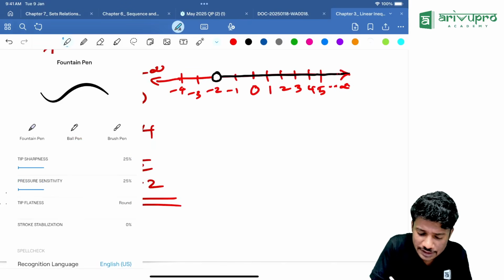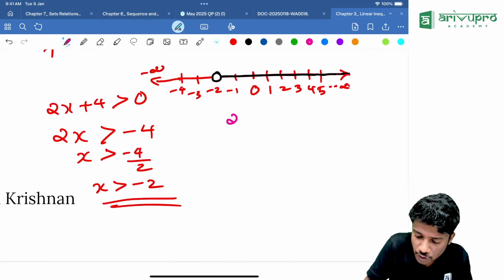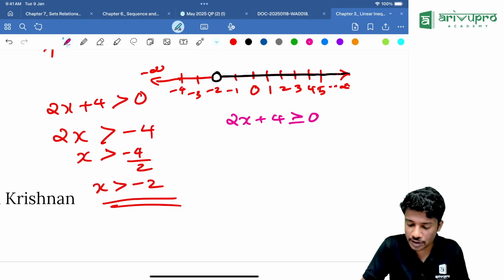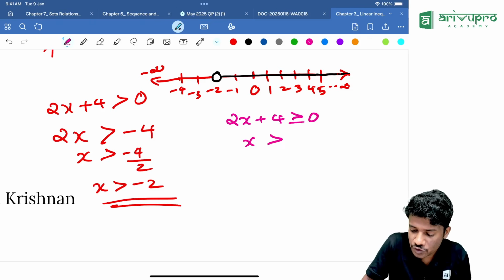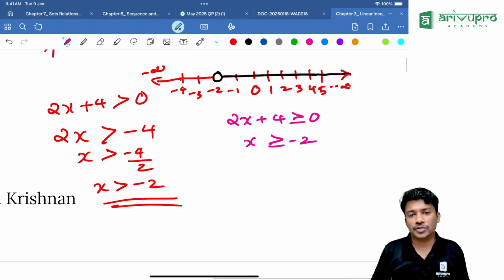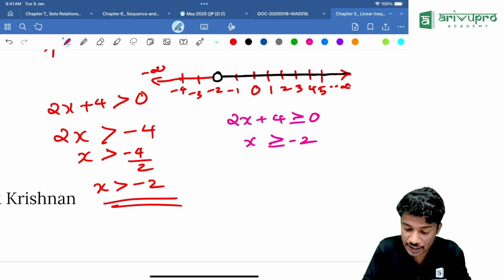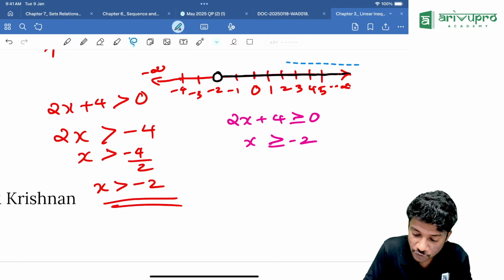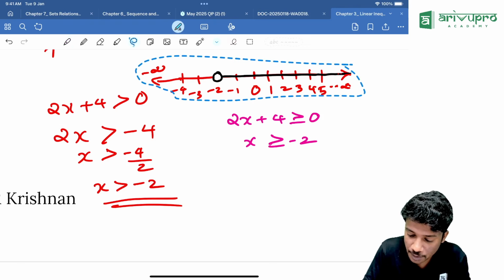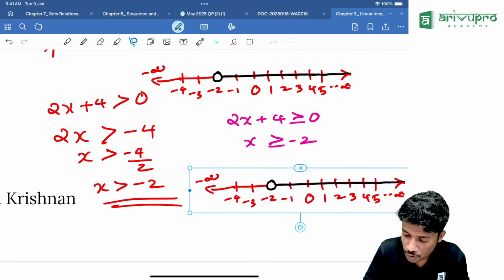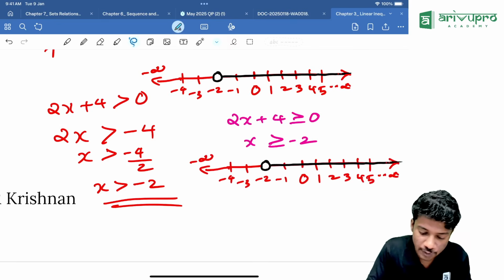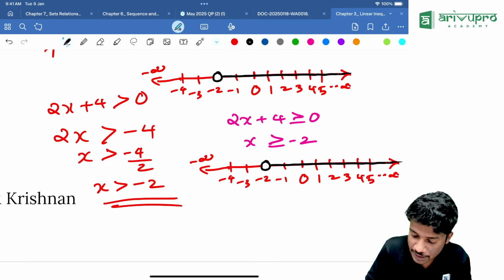Now I will make it better. What if it was 2x plus 4 greater than or equal to 0? Then x is greater than or equal to minus 2, correct? Then that time minus 2 is included. If you are drawing the same number line, it will be like minus 2 is included.